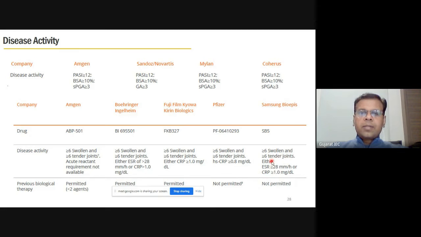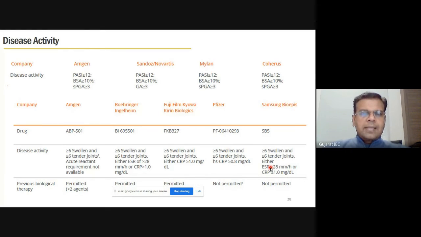And for Samsung, they are also considering the erythrocyte sedimentation rate and C-reactive protein. Coming to previous biologics therapy, some are allowing previous biologics therapy. However, Pfizer and Samsung are not allowing previous biologics to be part of the study.